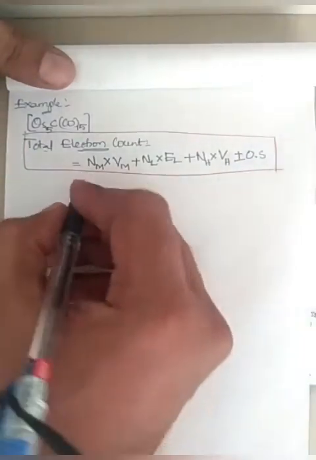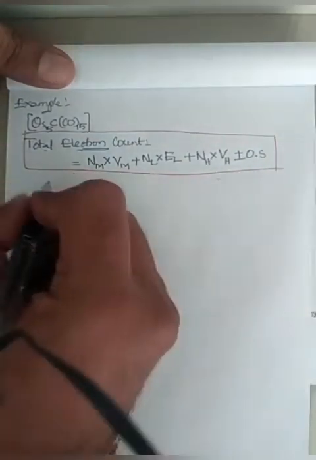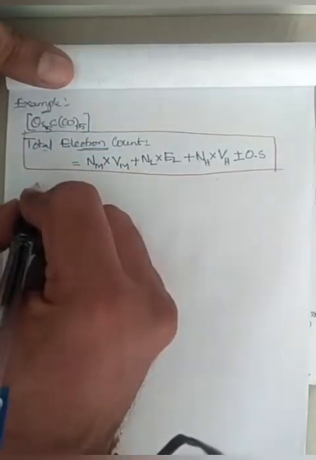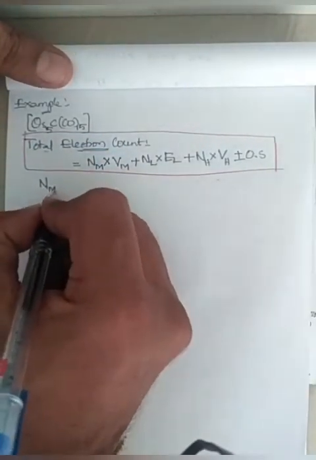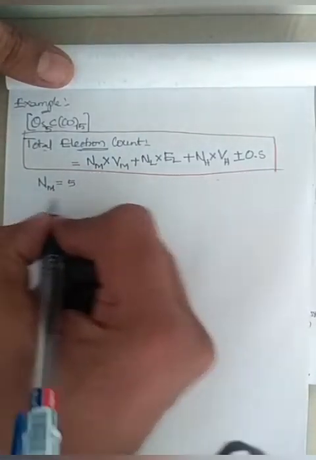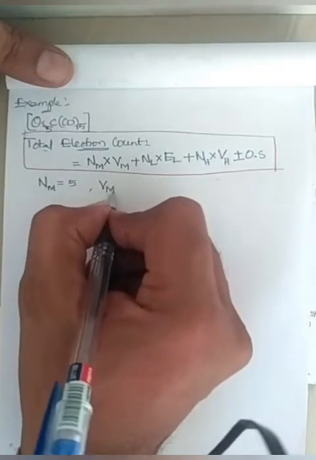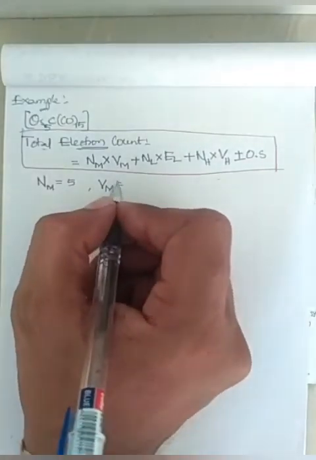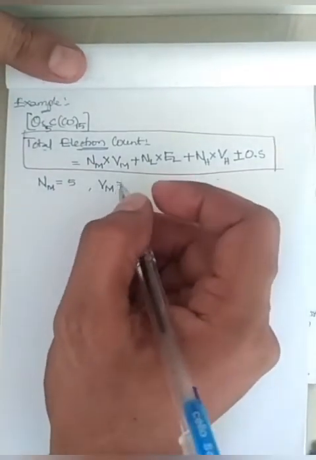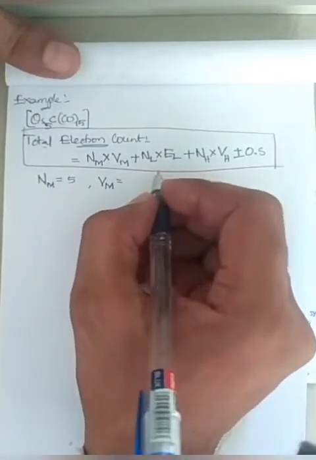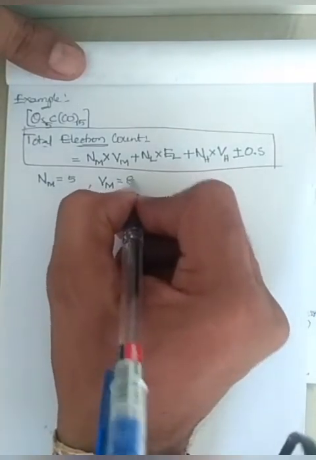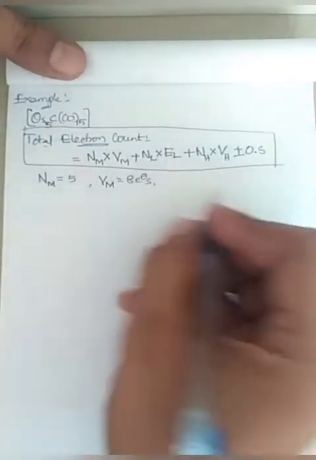Coming to the example, the number of metal atoms here is 5. And the valency of the metal atom: osmium counts in the iron group, where it has the d6s2 electronic configuration, so in valency it has 8 electrons.